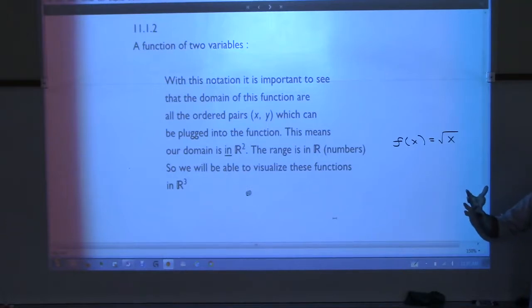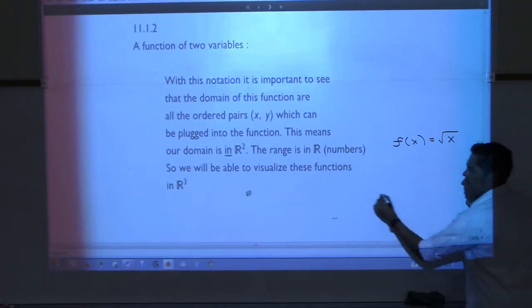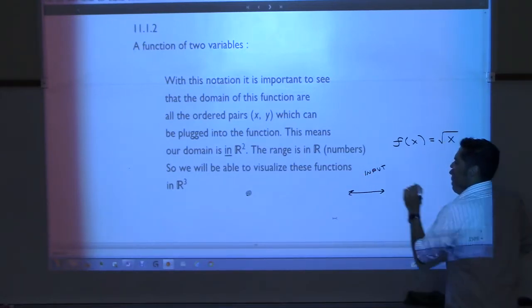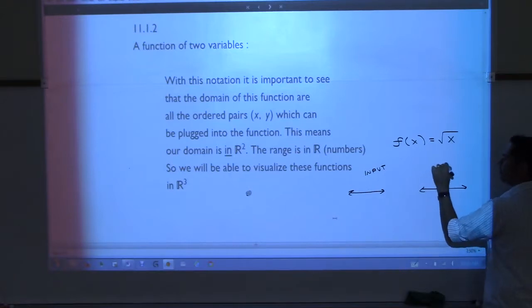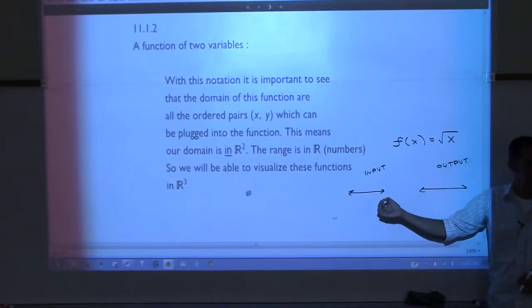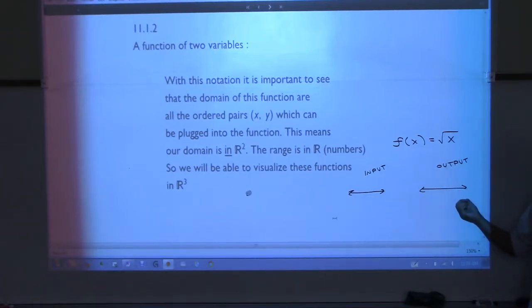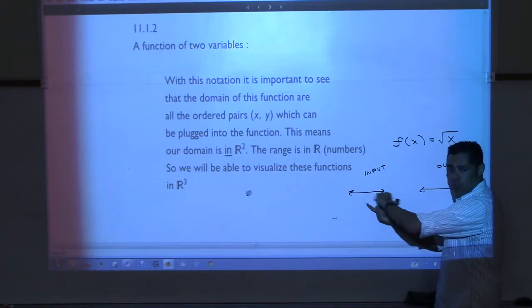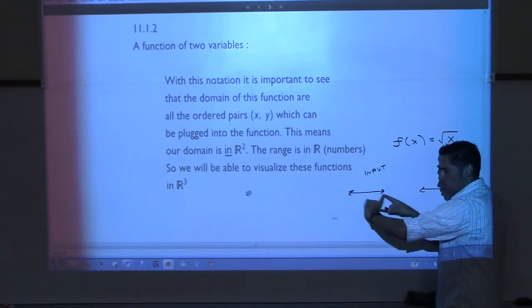Now visually, I don't think you've ever looked at it this way, but if we look at the input and the output of this function, the input is a single number, isn't it? And the output is a single number. So the input I could look at as a number line. That's one-dimensional, right? A line has one dimension to it.